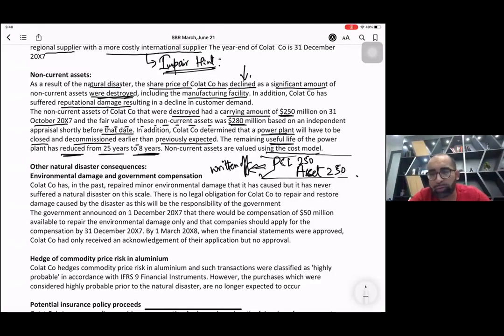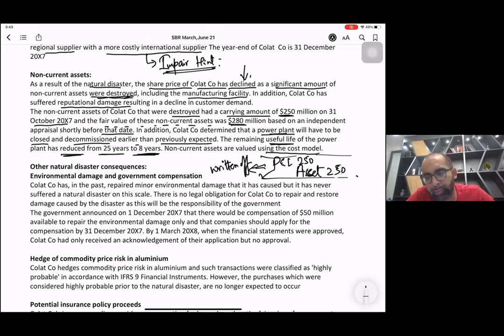Previously, your future cash flows were related to 25 years and now only 8 years. So automatically your future cash flows will be reduced. When your future cash flows are reduced, your value in use will be reduced, and this is an impairment hint.